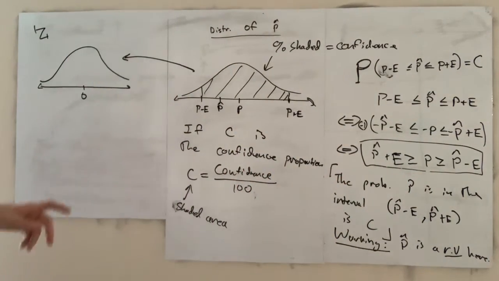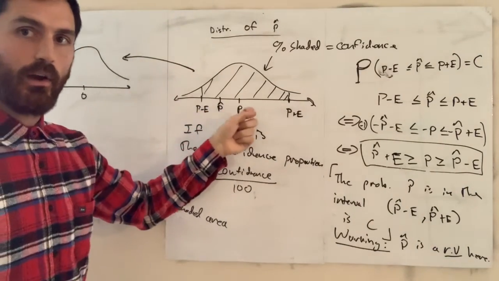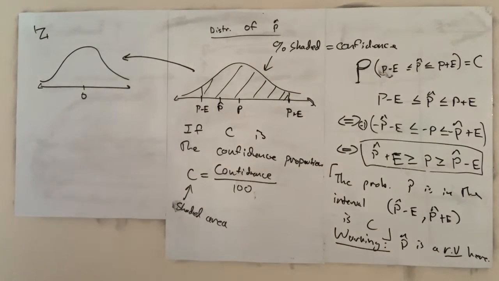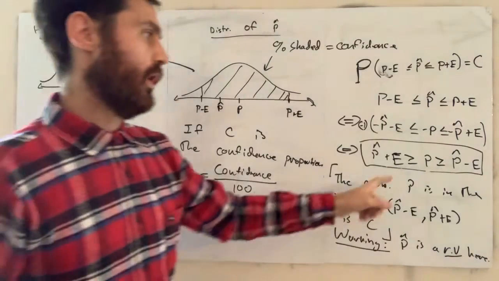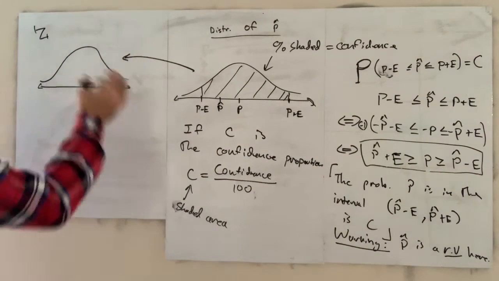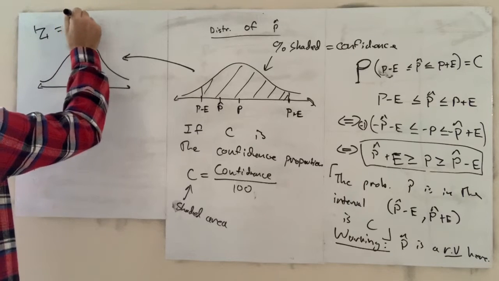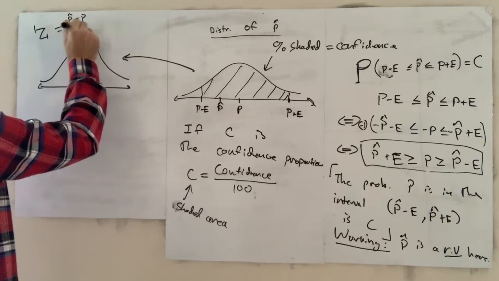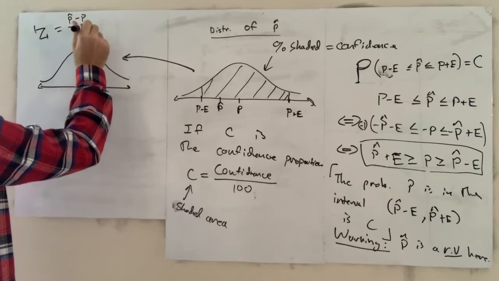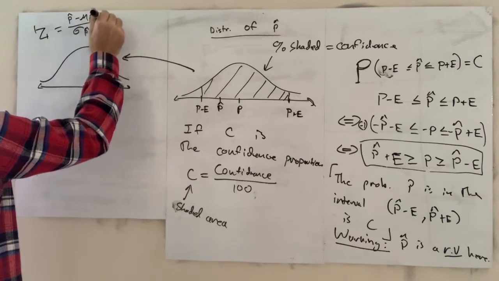So what we're going to do is take our distribution here and normalize it. And that's going to help us solve for what this E should be. Okay, so if we normalize it, if we send it through this thing that says, well, this is p hat minus the mean over the standard deviation of p hat. So remember, this is the mean of p hat.